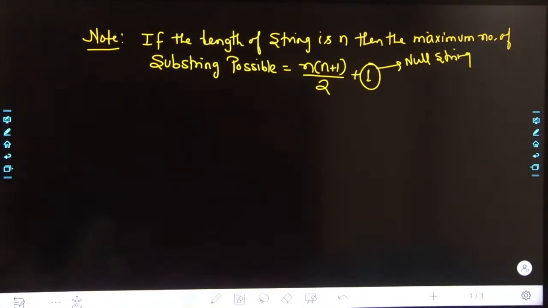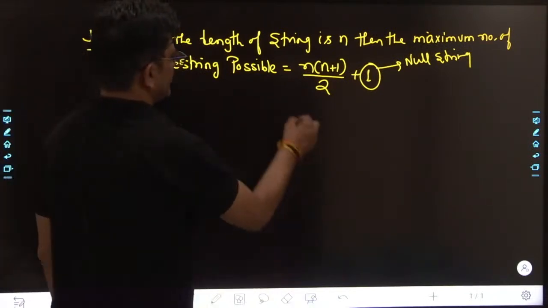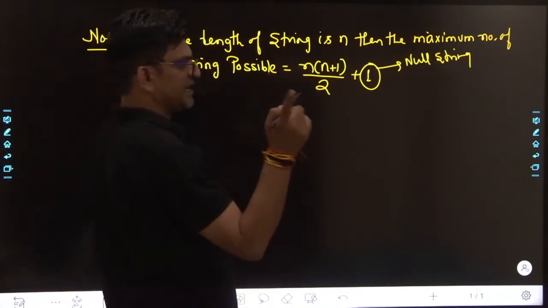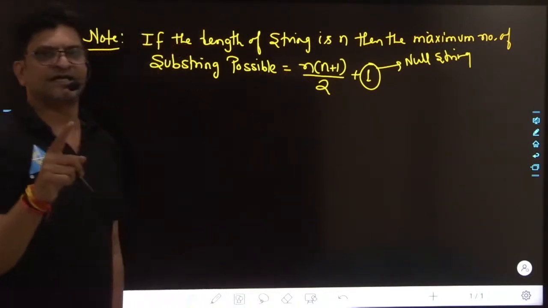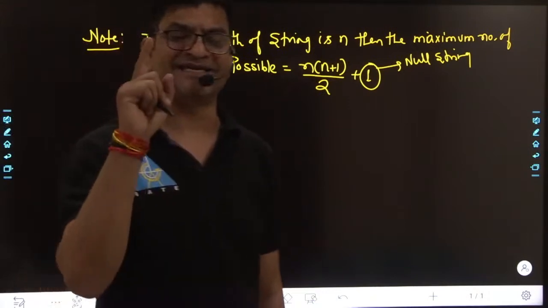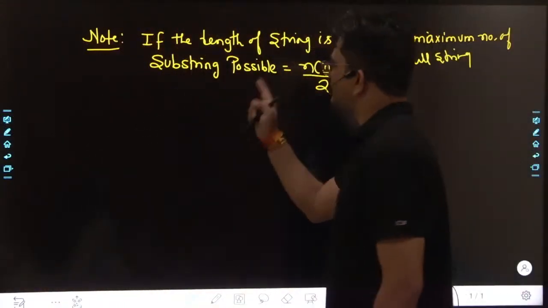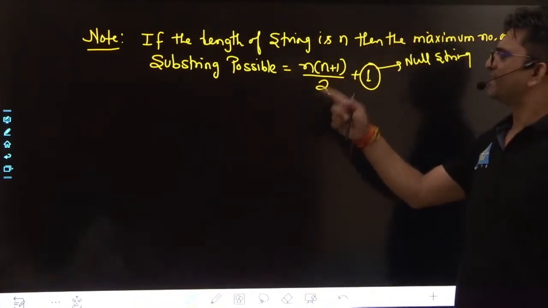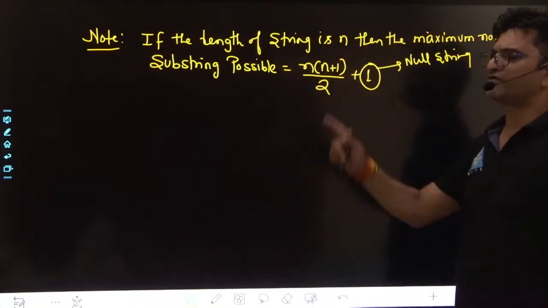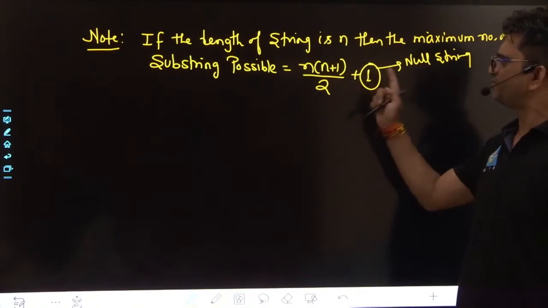See, in the first example we have length 3 and each character is unique. Whenever each character is unique in a string, the number of substrings is equal to n into n plus 1 by 2 plus 1.